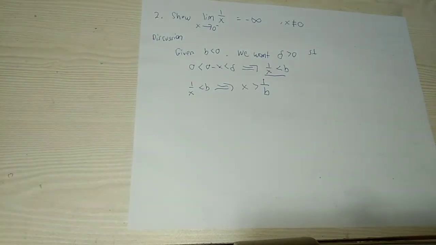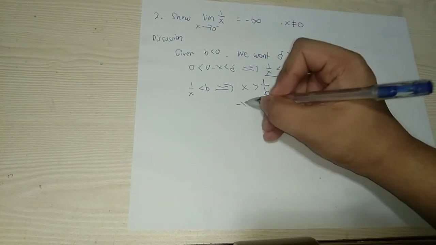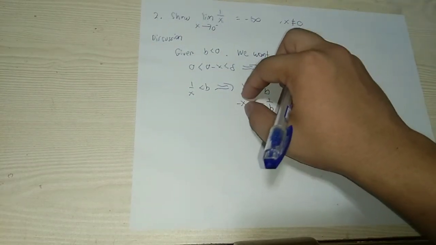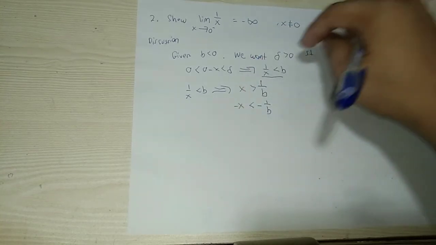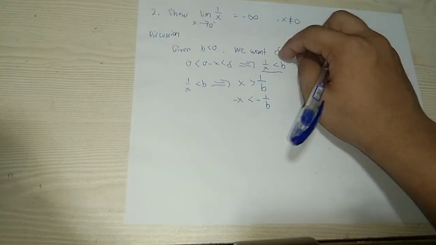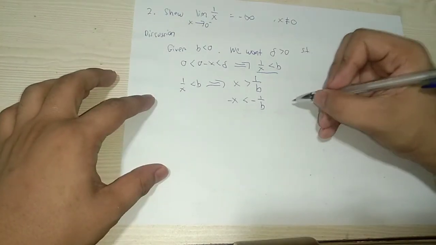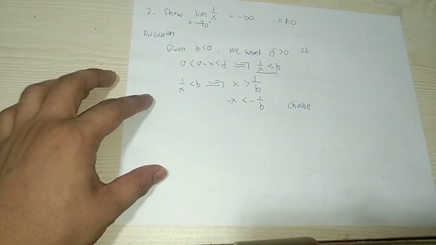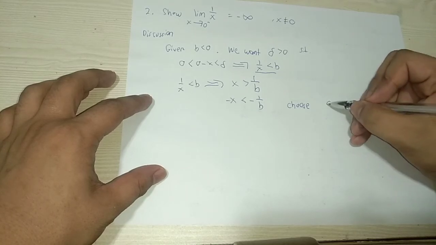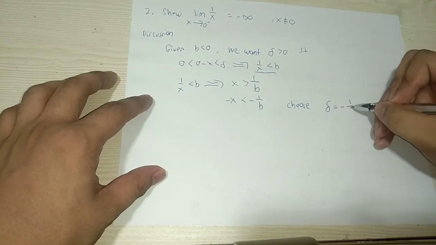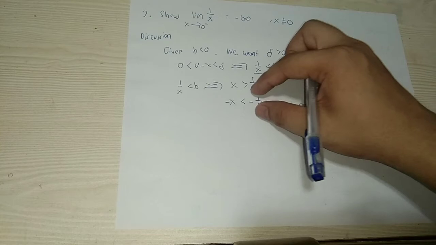And, ang gawin natin, i-negate natin pareho. So, negative x less than negative 1 over b. Kasi yung x natin dito negative, di ba? Eh yung delta natin positive eh. Okay? So, let's choose delta to be negative 1 over b.